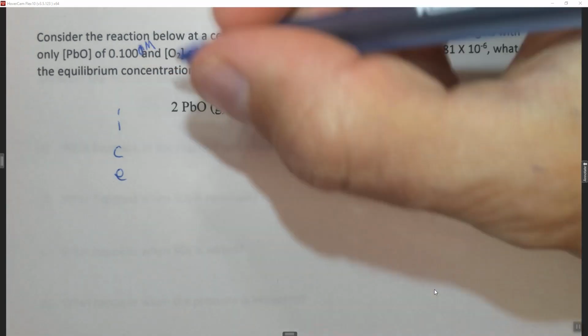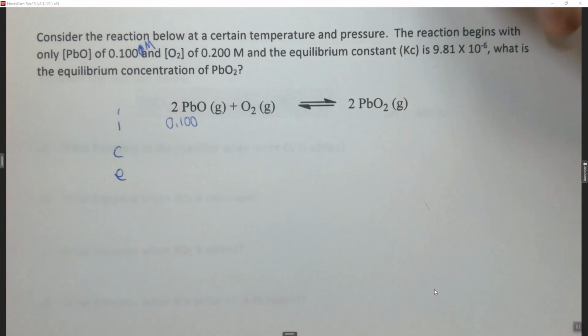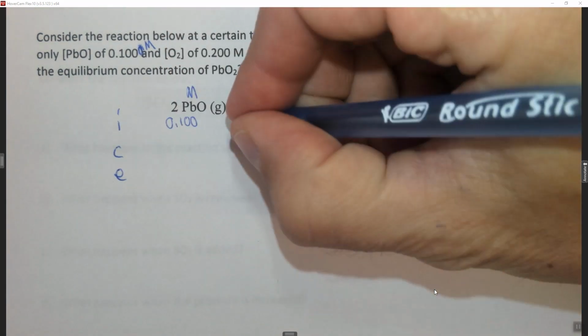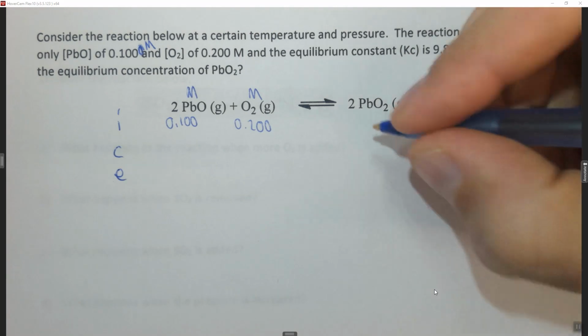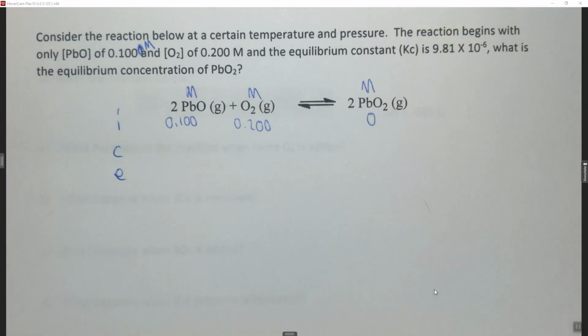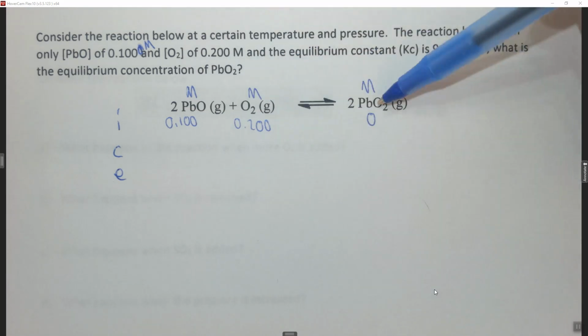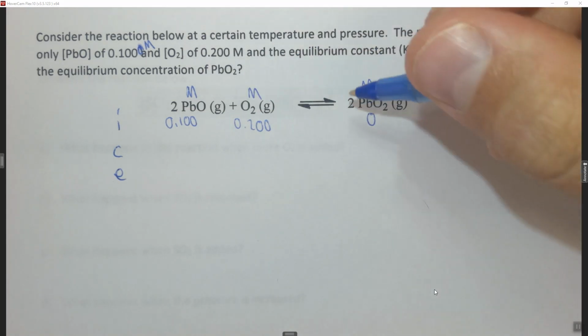So the initial concentration of the PbO is 0.10 molar. All right, the initial concentration of the O2 is 0.200 molar, and the initial concentration of PbO2 is 0 molar, because the reaction only begins with reactants, there is no PbO2 initially. Change.